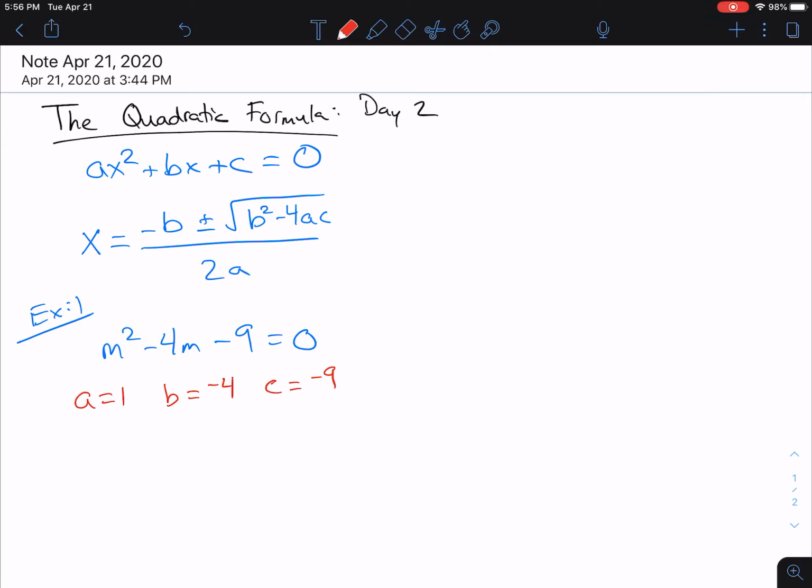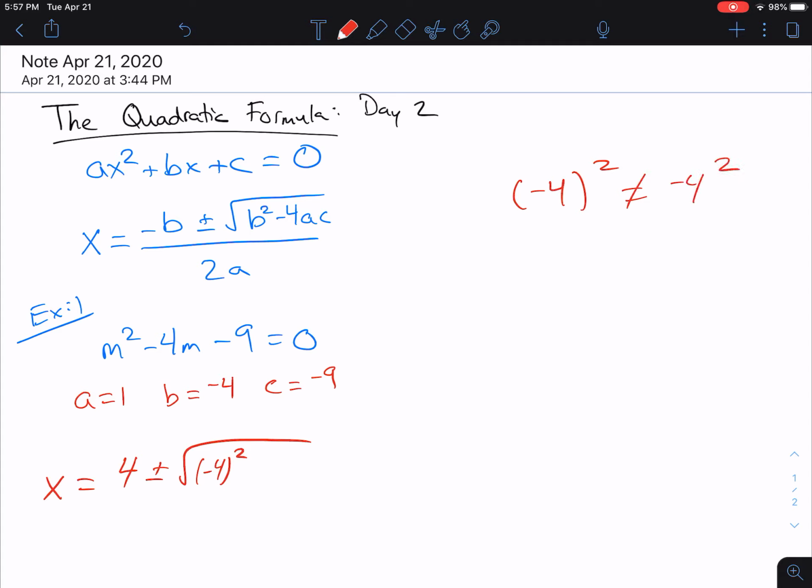All right, so with that being said, I can plug into my formula. x equals negative negative 4, so that'll be a positive 4, plus or minus the square root of negative 4 squared. Make sure you put that negative 4 in parentheses. Remember, negative 4 squared does not equal negative 4 squared.